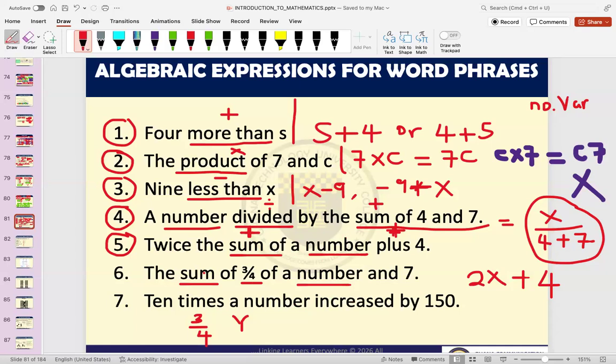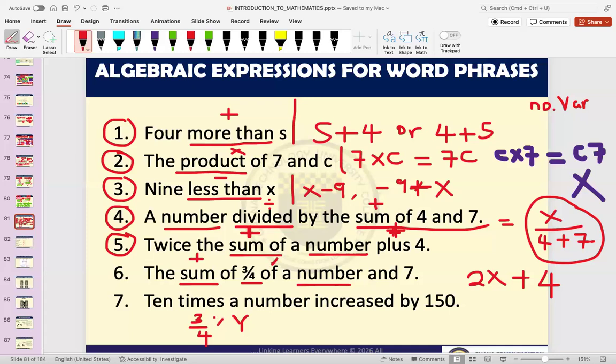Good. Let's look at the sixth one. The sum of 3/4 of a number and 7. So the sum means plus will show somewhere. The sum of 3/4 of, the "of" is normally multiplication.